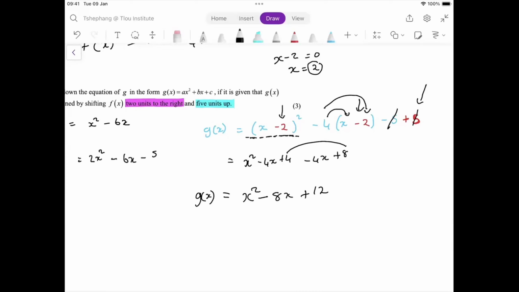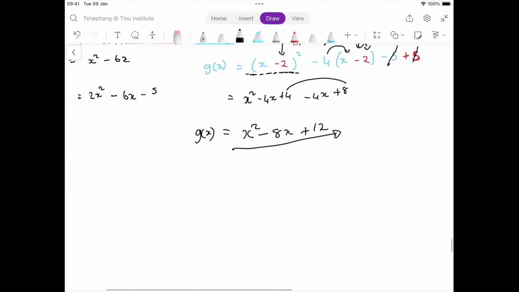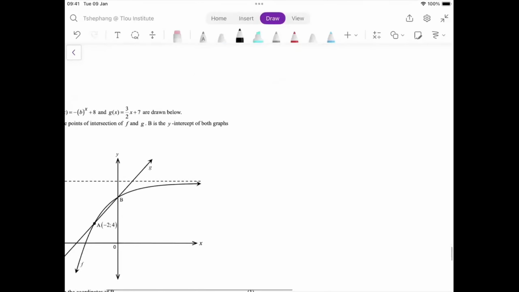Negative 4 multiplied by negative 2 will give you positive 8. And this expanded is just x squared minus 4x plus 4. Add like terms together. You're going to get this equation. I know it was a little bit tricky, but these are some of the questions that they ask in exams. So you guys need to be practicing a lot of past papers.